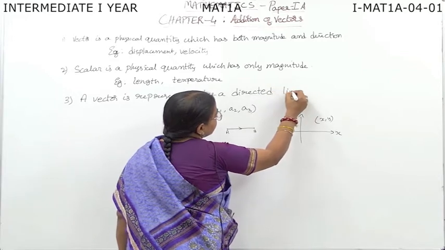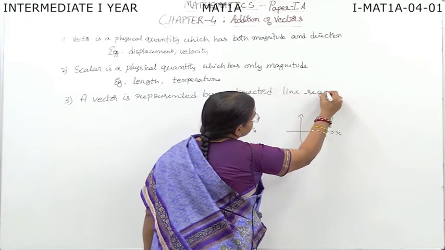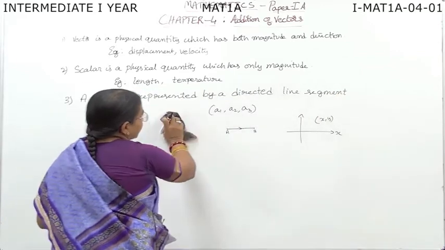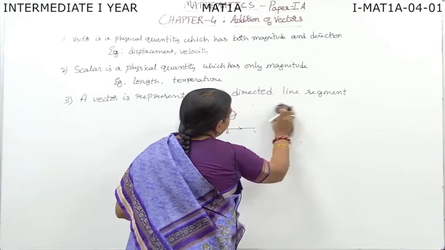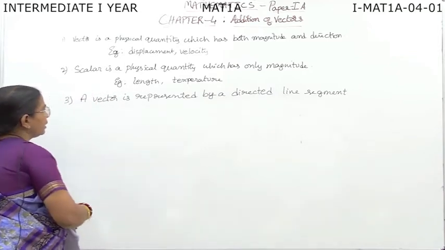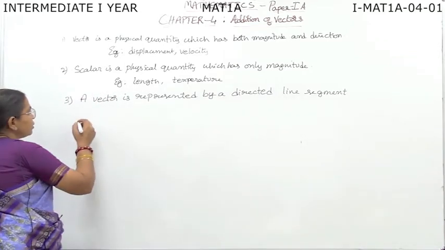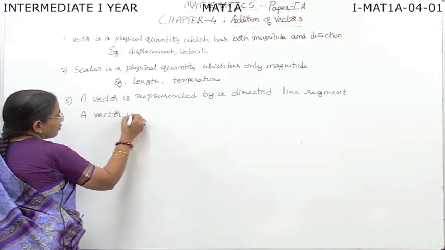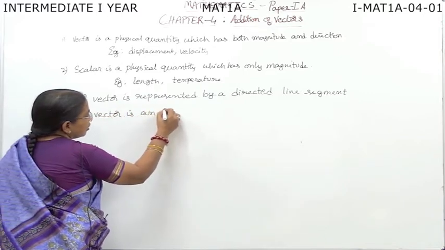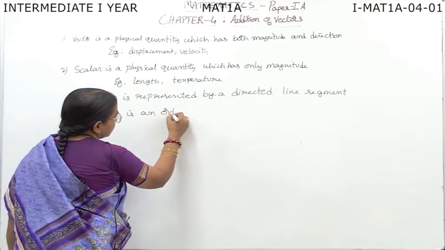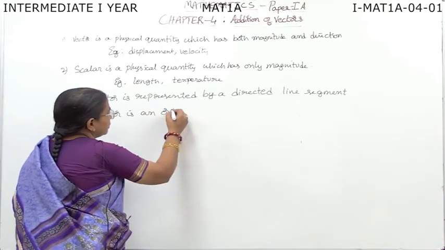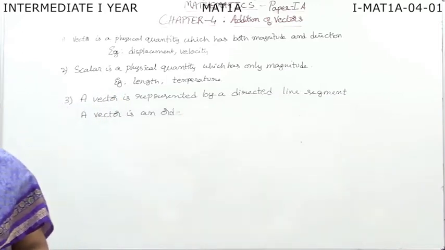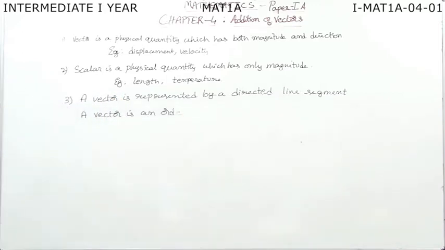Is represented by a directed line segment. We also represent mathematically as a vector is an ordered triad of real numbers.